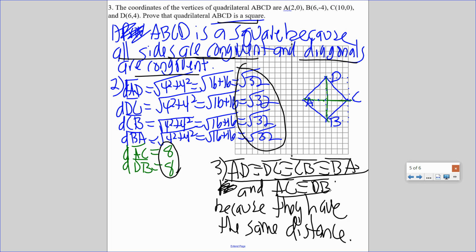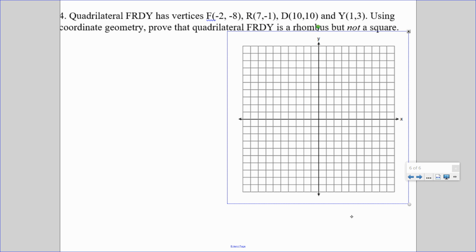So we're going to take a look at number 4 now. F is -2, -8. R is 7, -1. D is 10, 10. Y is 1, 3. Prove that quadrilateral FRDY is a rhombus but not a square.